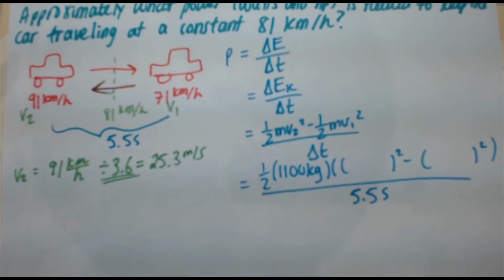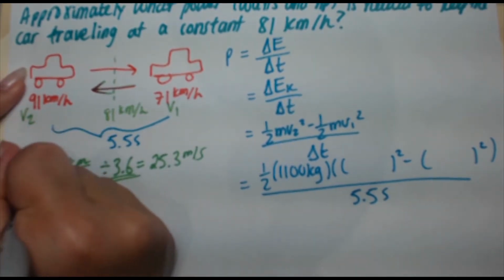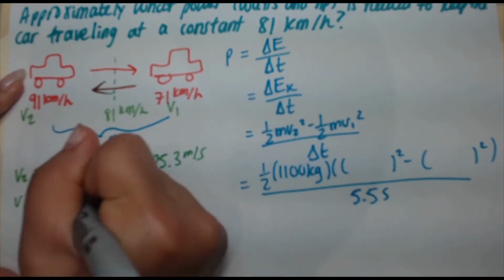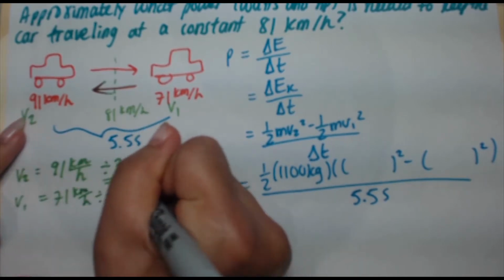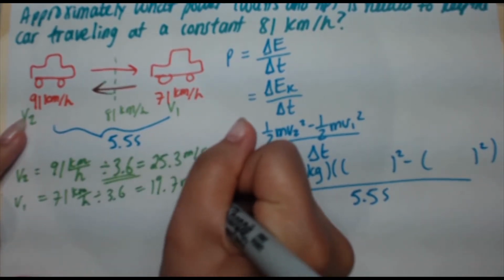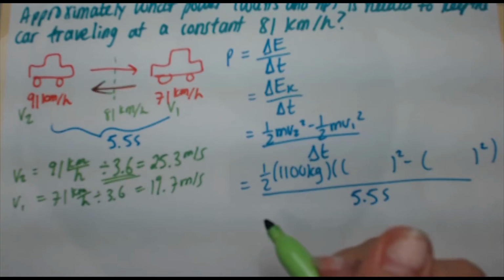If you divide kilometers per hour by 3.6, you'll get meters per second. And the same for V1. V1 is 71 kilometers per hour. If you divide by 3.6, you'll get 19.7 meters per second. So there are our speeds.